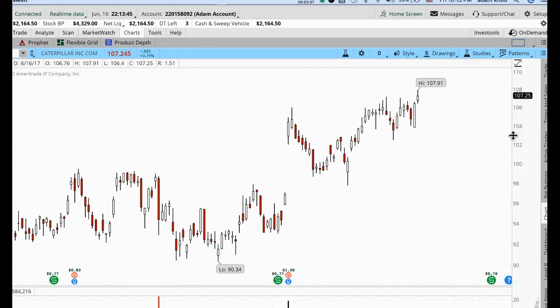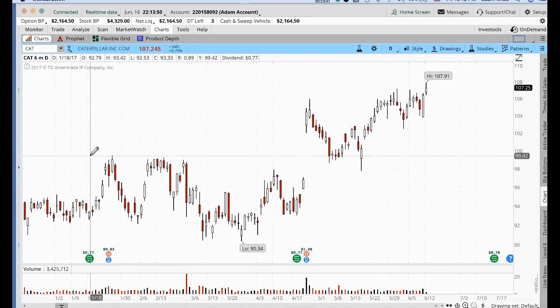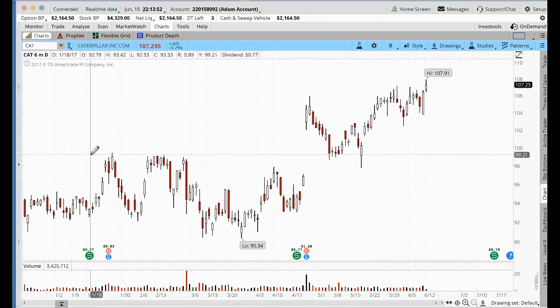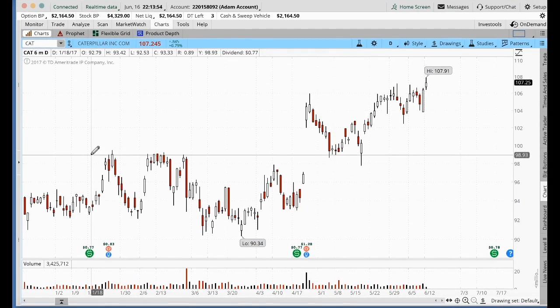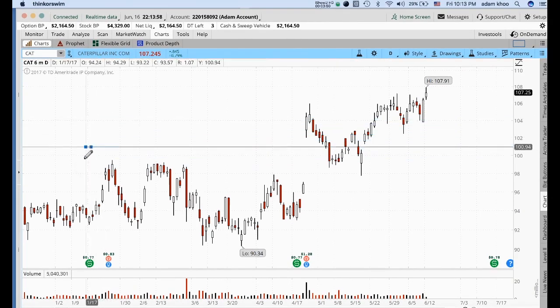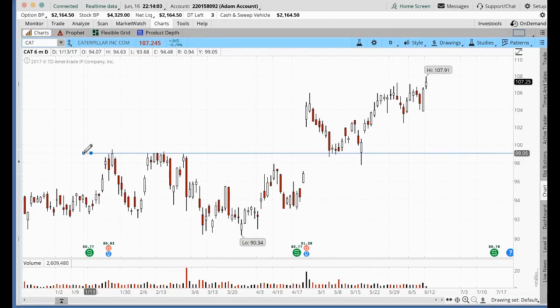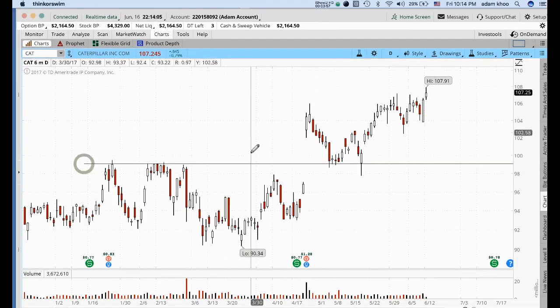So if I click on that, I could draw a resistance over here. As you can see, there's clear resistance. Click, and you can move it around to exactly where you want it, adjust it, and click again. There you go. So that's your line.